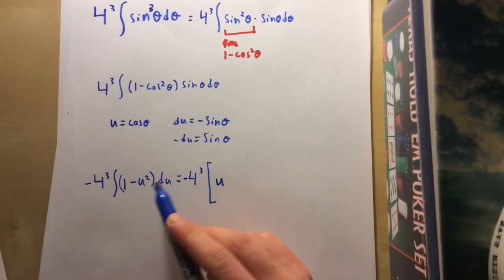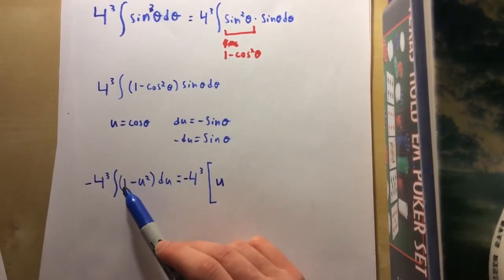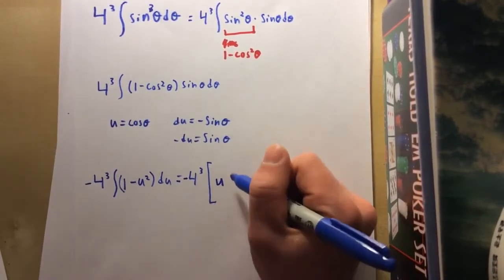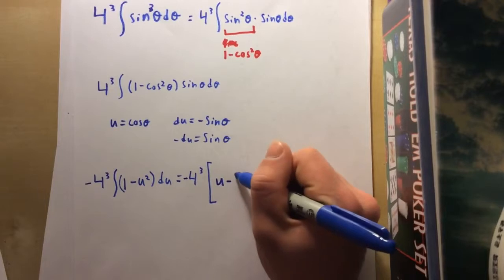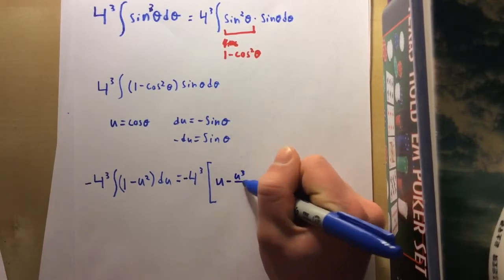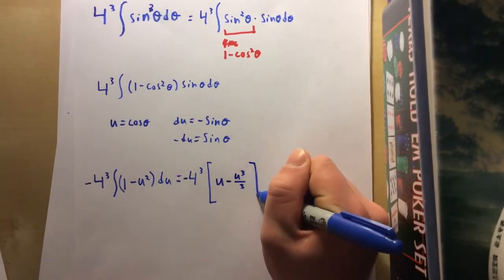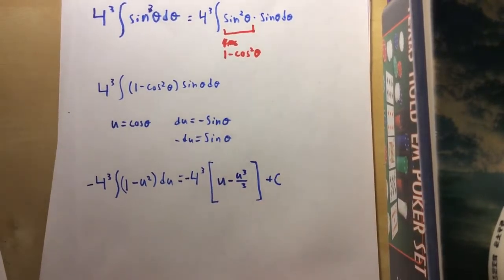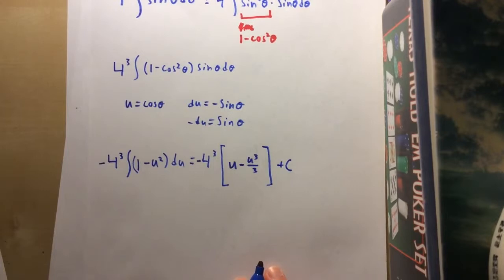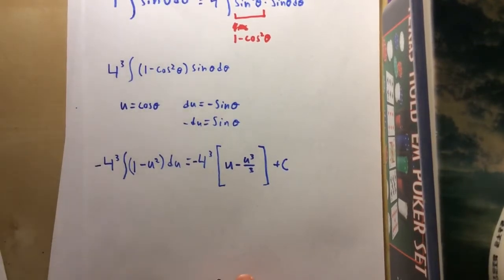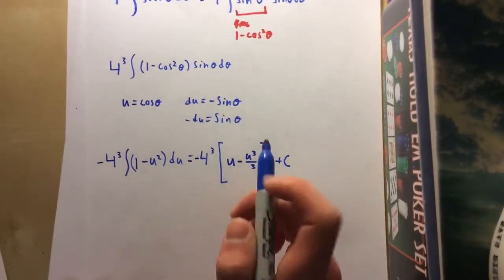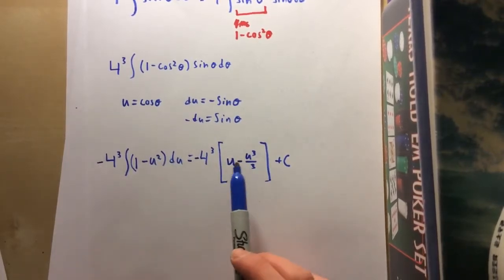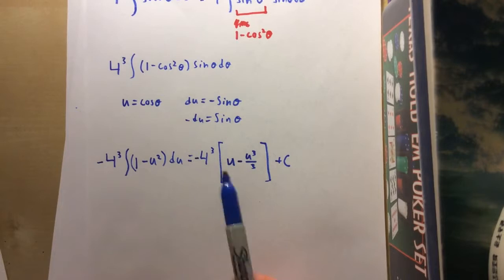Okay, and so where were we? We had the integral of 1 in terms of u, and now we have the integral of u squared in terms of u, and that's just going to be u cubed over 3. And remember, we don't have limits, so we're going to add c. So now we have a lot of backtracking to do, because we have to substitute cosine theta in as u, and then we have to substitute x's in terms of thetas.